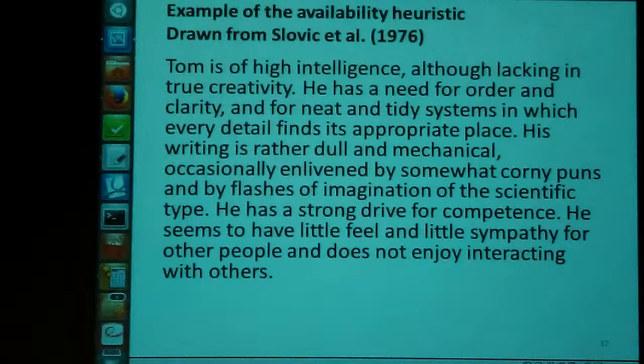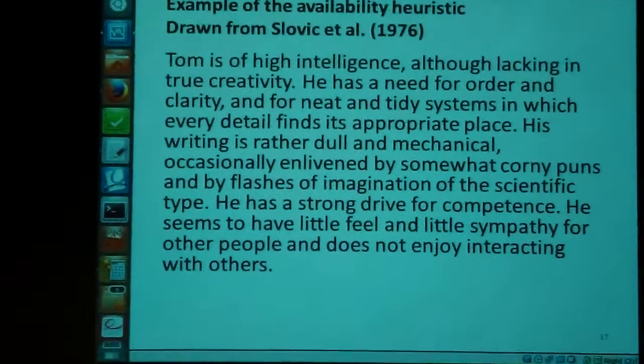He has a need for order and clarity and for neat and tidy systems in which every detail finds its appropriate place. His writing is rather dull and mechanical, occasionally enlivened by somewhat corny puns and by flashes of imagination of the scientific type. He has a strong drive for competence. He seems to have little feel or sympathy for other people and does not enjoy interacting with others.